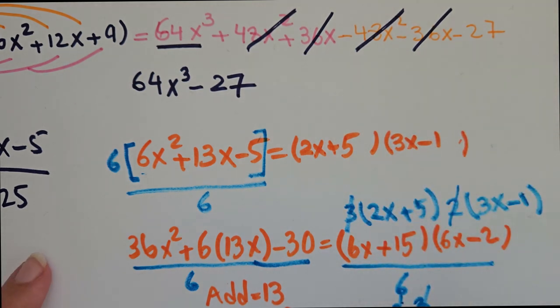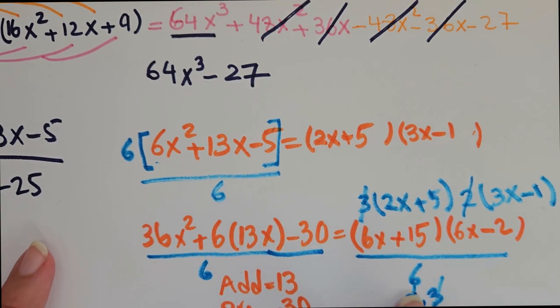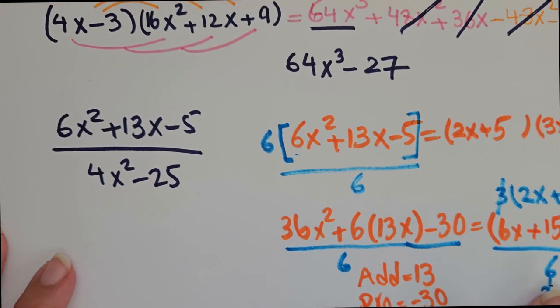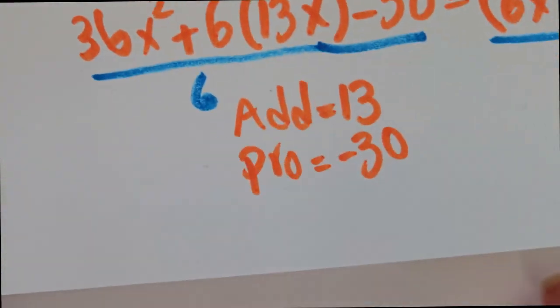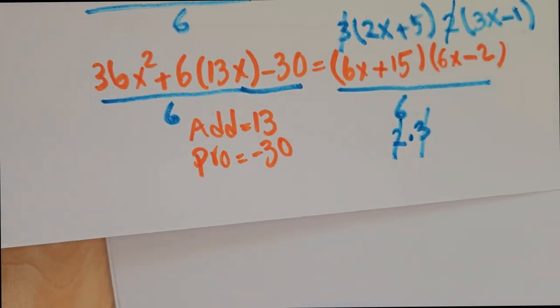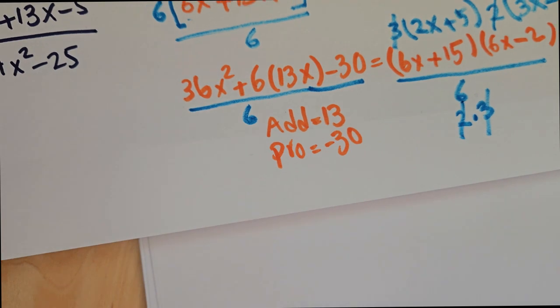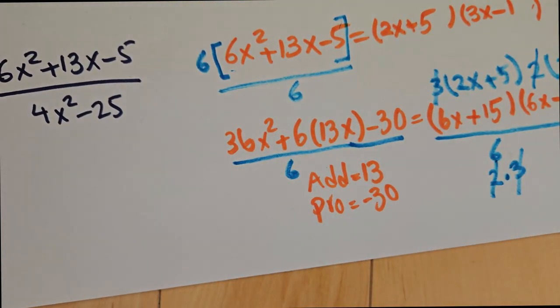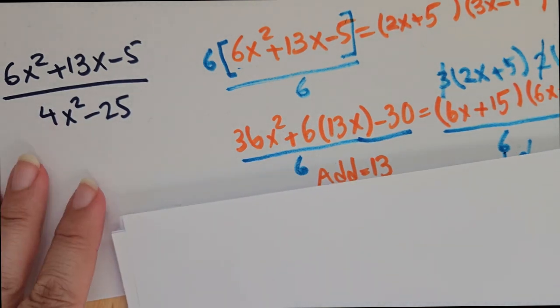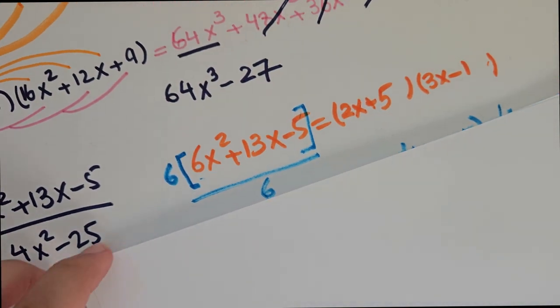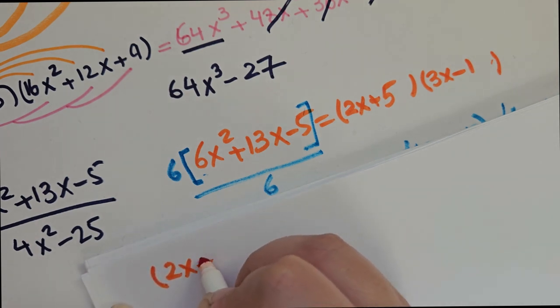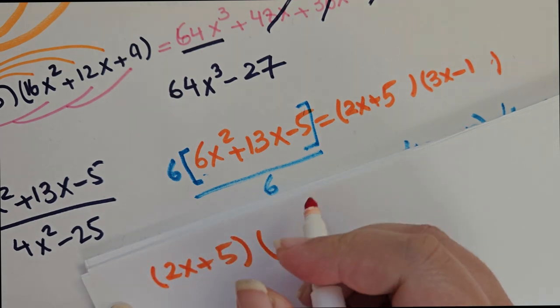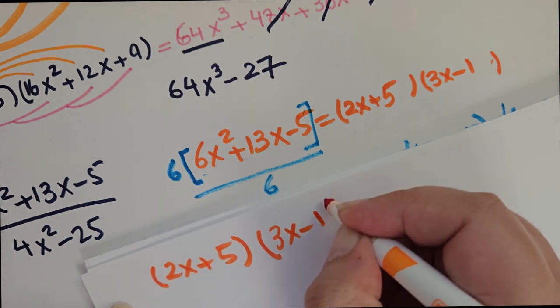Okay, and let's deal with the whole fraction. So instead of the numerator, I will substitute it with the 2 brackets that I calculated: 2x plus 5 multiplied by 3x minus 1.